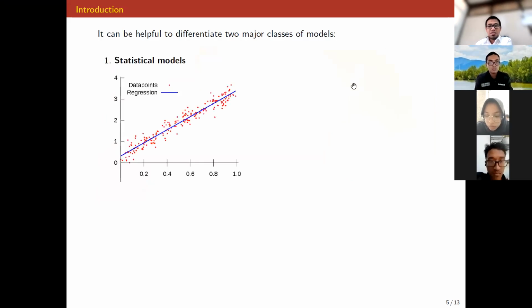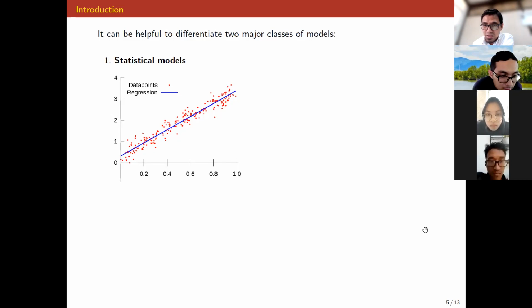The first one is statistical models. I think you have taken a statistics course in biology, compulsory right now. Have you taken biostatistics?